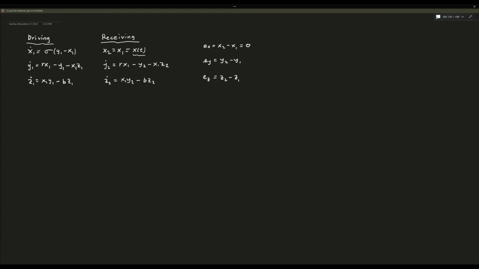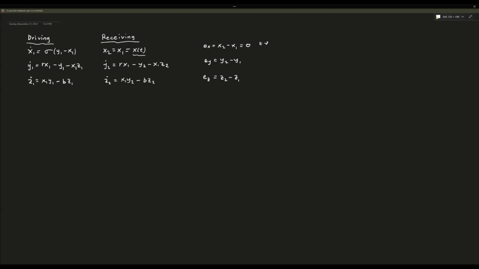So when we set up, we're going to show that y2, y1, and then z2, z1 converge to the same values. So setting up these error variables here, where the error in x is going to be the receiving minus the driving, x2 minus x1, and since it's shared, it's going to be 0.